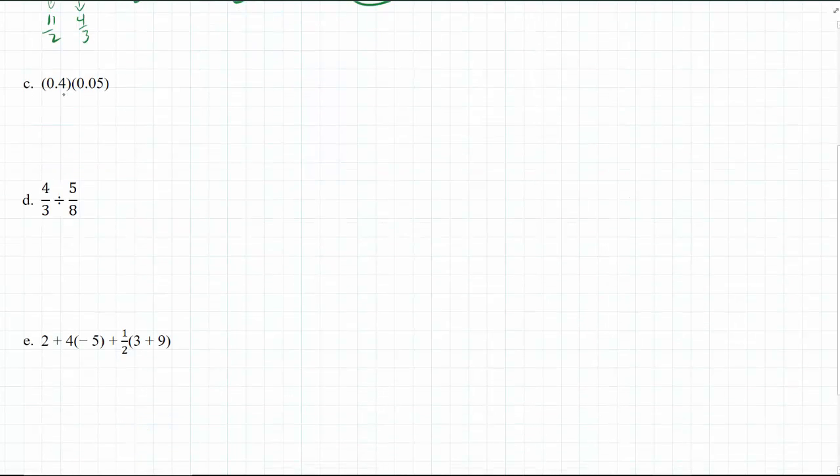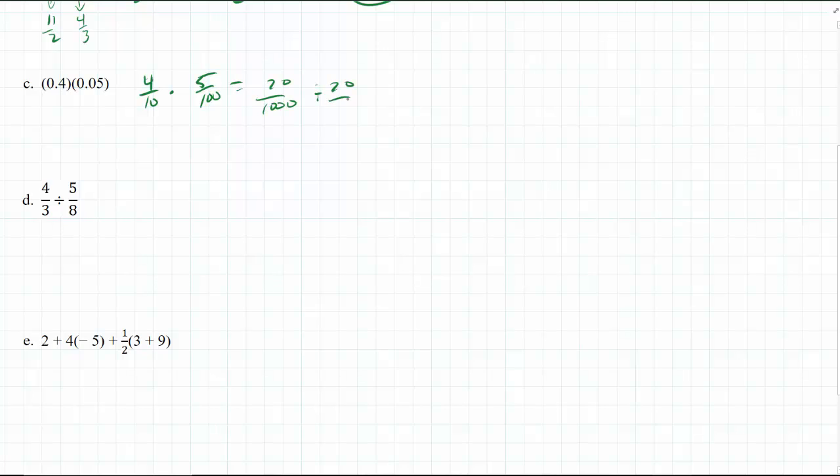As far as multiplying decimals, 4/10 times 500, we can convert it to fractions if we want. I actually think that's a little easier. 4/10 times 500 is 20 over 1,000.